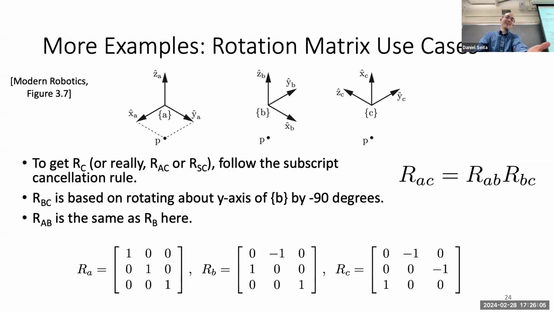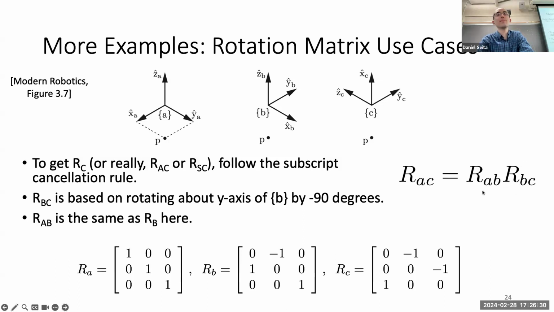All right. So the way to do it is already on the slide. I already kind of did it for you. So to get RC, which really should be RAC or RSC, you follow the subscript cancellation rule where RAC is equal to RAB times RBC.